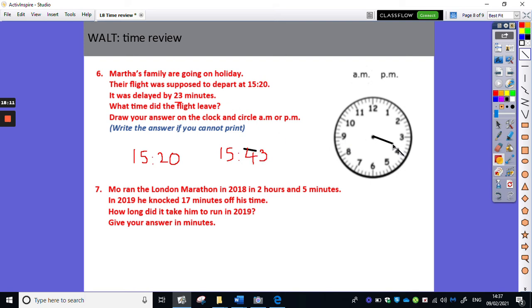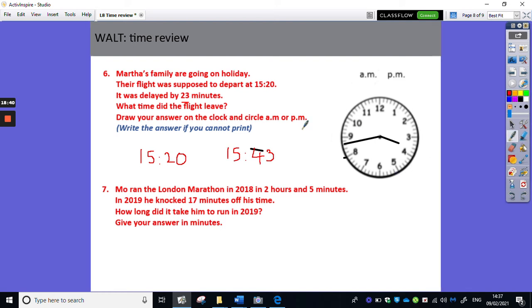So your hour hand should have been about here, a little bit past half. Then my minutes is 43, so I'm going to count from 12, 5, 10, 15, 20, 25, 30, 35, 40, 41, 42, 43. Okay, so my longer hand would be there. So that is the time on the clock.